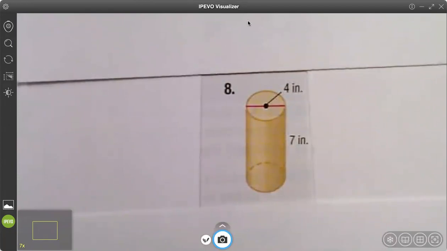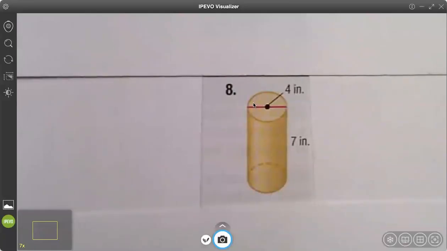Let me see. Okay, that one confused me for a minute. It gives us the diameter all the way across, which is 4, but when it pointed to the diameter here, this point almost looked like maybe it was telling me that the radius between here and here is 4. But the diameter is 4, so we have to cut that in half and get a radius of 2. My radius is going to be 2, and the height of the prism is going to be 7.